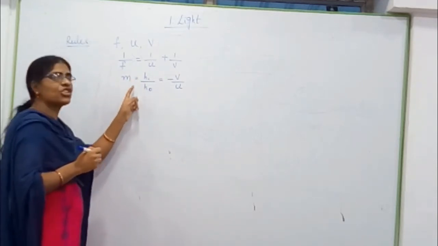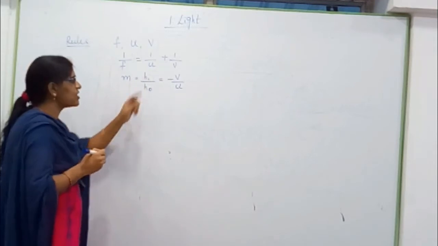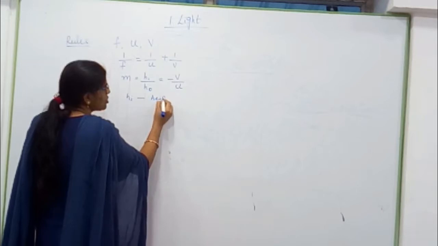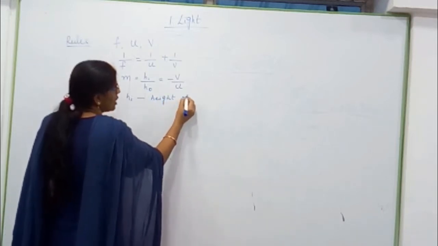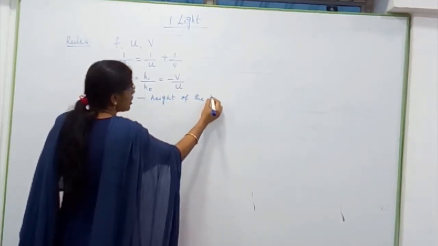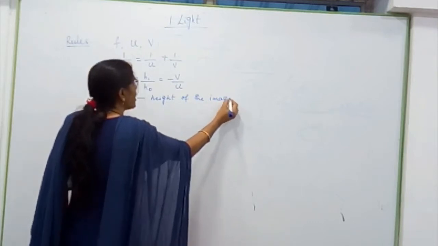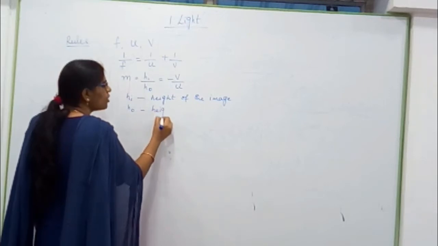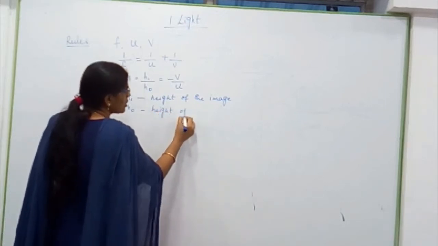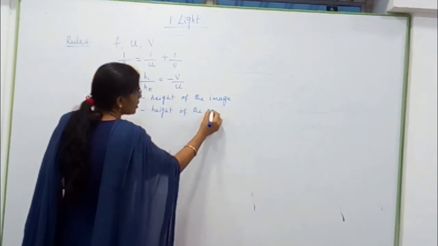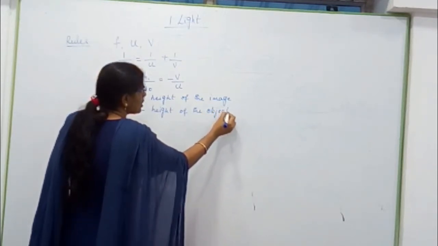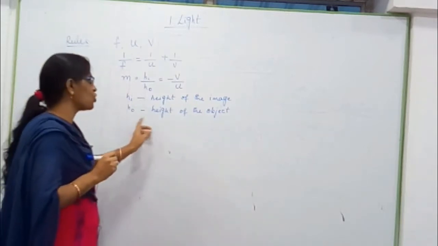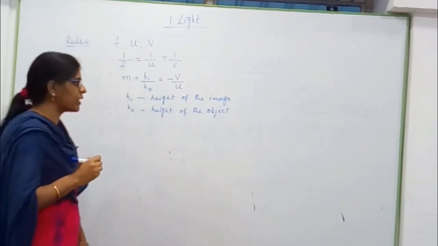It is the ratio of Hi, the height of the image, to Ho, the height of the object.